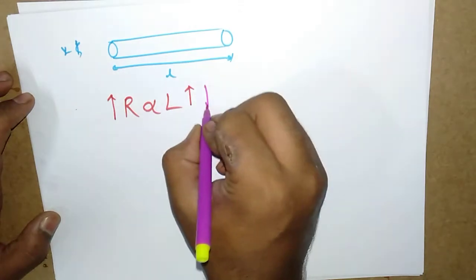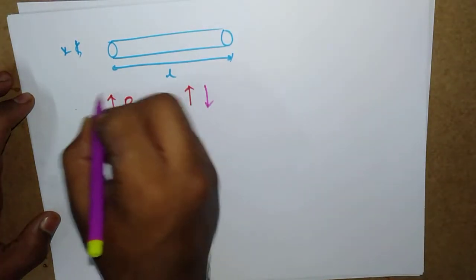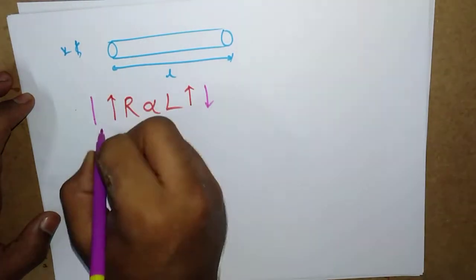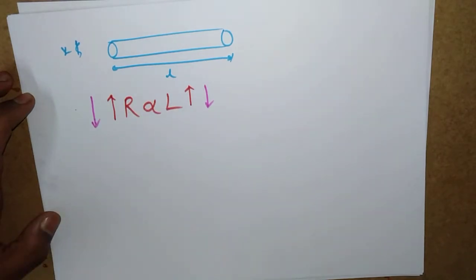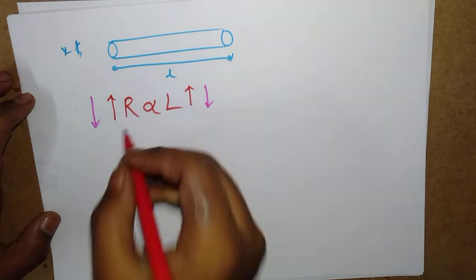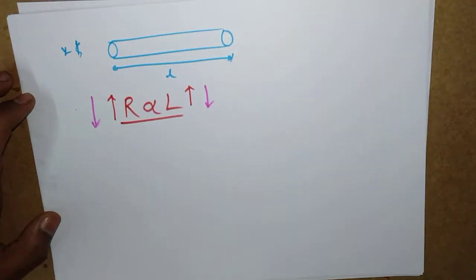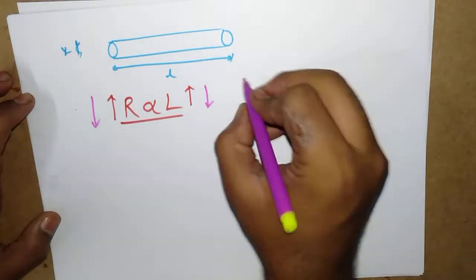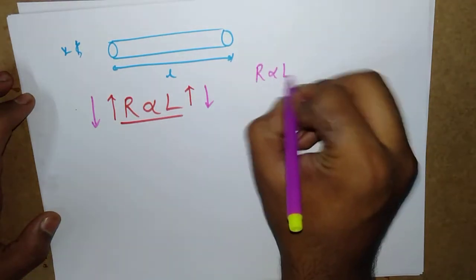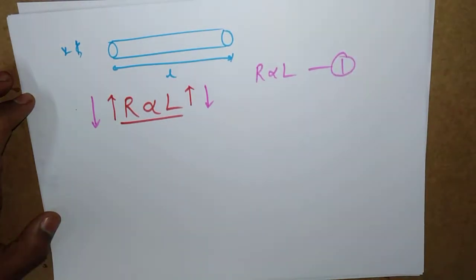If you reduce the length of the wire, then automatically the resistance will also decrease. So resistance is dependent upon the length of the wire, and it is directly proportional to the length of the wire. So R is directly proportional to L. Call it expression number 1.